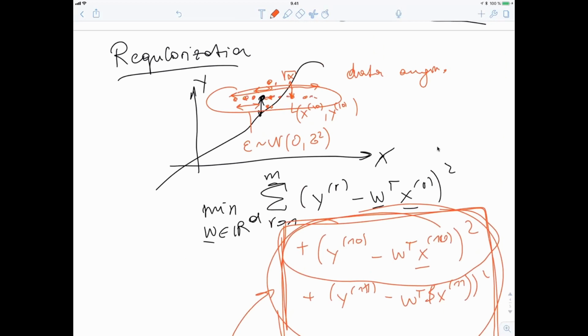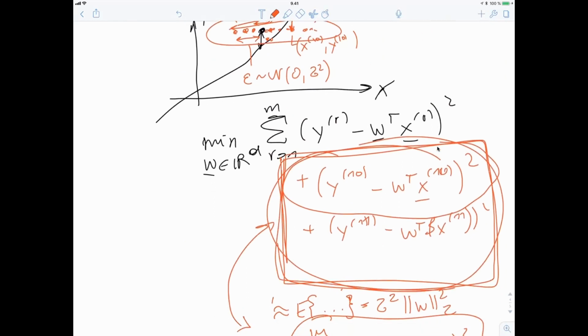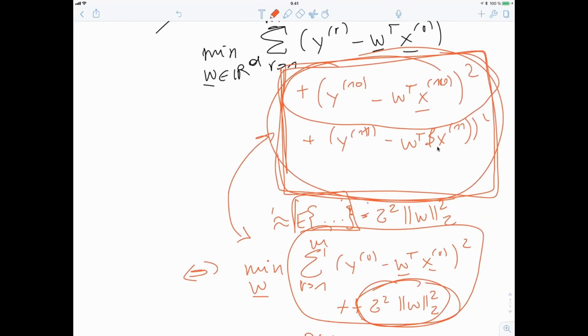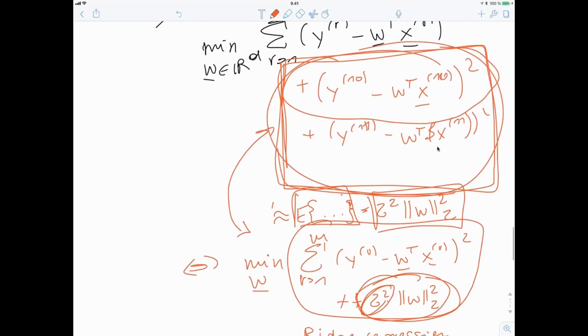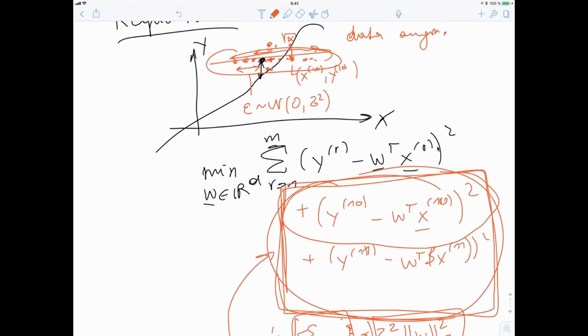When you do this infinitely many times, these additional error terms become the expectation of a random variable, and when you work out this expectation, you get exactly the penalty term of ridge regression. This also shows you the role of the ridge parameter. It's a noise variance. The larger this ridge parameter is, which is called alpha, for example, in Python, the larger is the noise variance that you use for these perturbations.